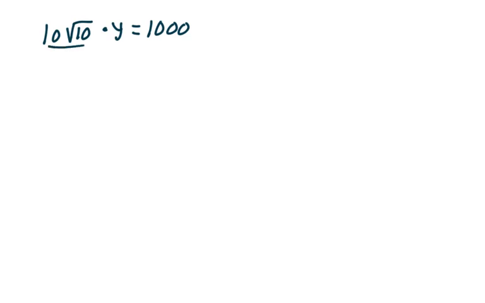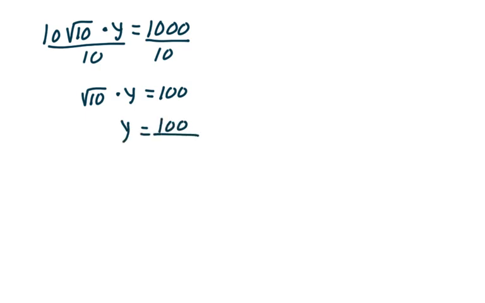If I divide both sides by 10, I get square root of 10 times y equals 100. Now I'm going to do it one more time, and I'm going to say y is 100 over square root of 10. But if I multiply the denominator and the numerator by square root of 10, I can say y equals 10 times the square root of 10.